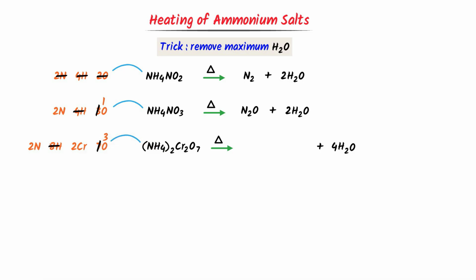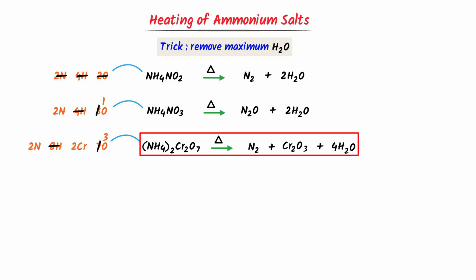Now 2 chromium atoms and 3 oxygen atoms combine together to form Cr2O3 or chromium oxide. These 2 nitrogen atoms combine together to form nitrogen gas. Thus the products of heating of ammonium dichromate are nitrogen gas, chromium oxide and 4 water molecules.